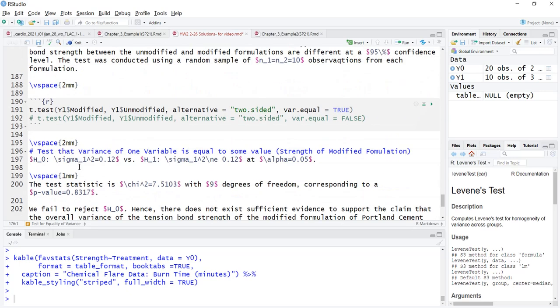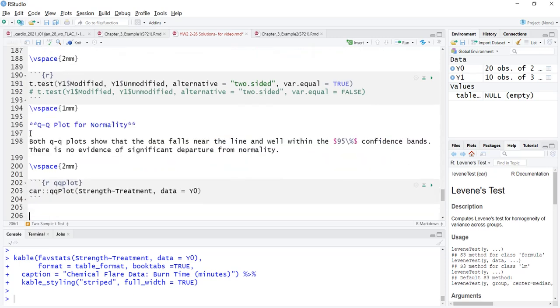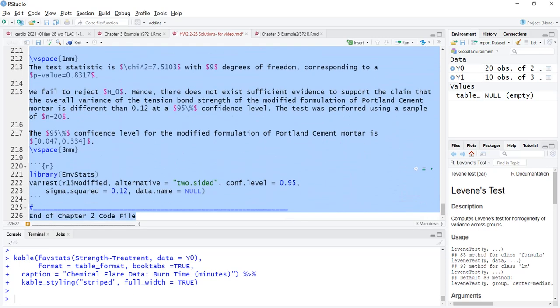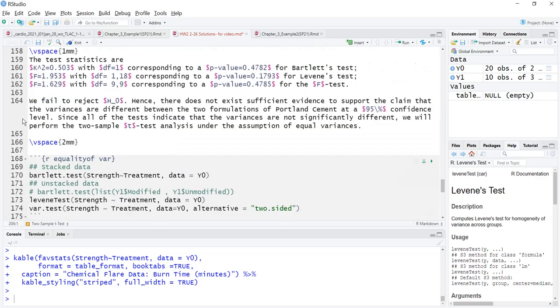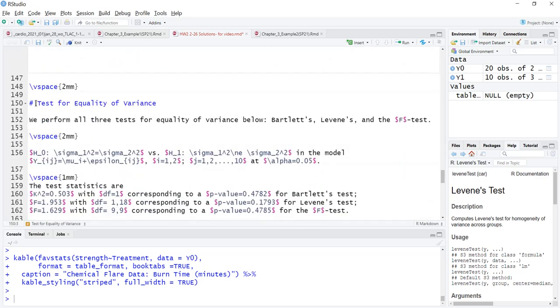I'm going to put it after the two-sample t-test, and then I'm going to get rid of everything else because I don't need it. So I'm going to come back up and do part A. So right here I'm going to put part A, test for equality of variance.